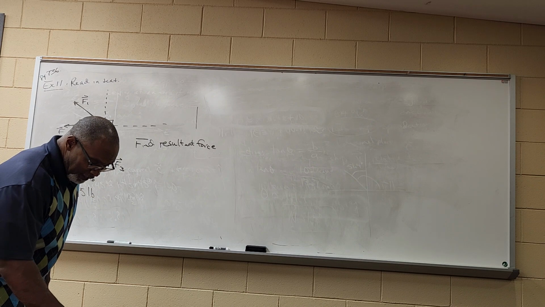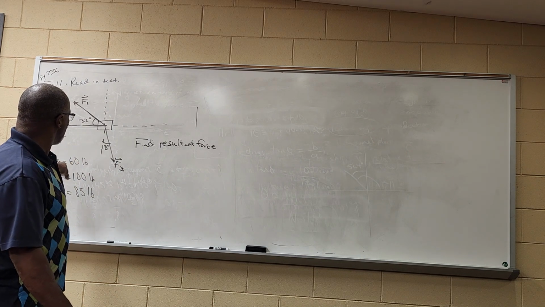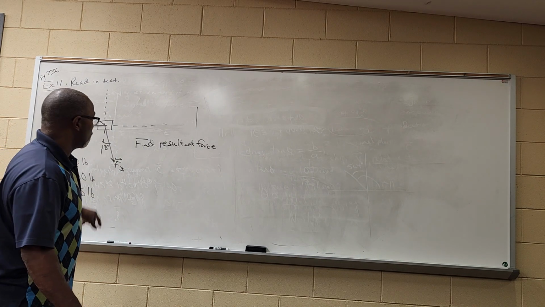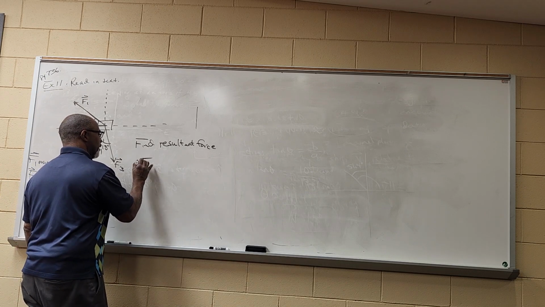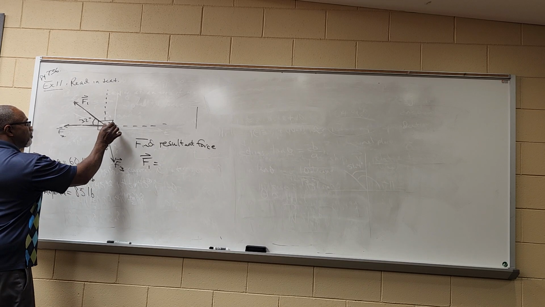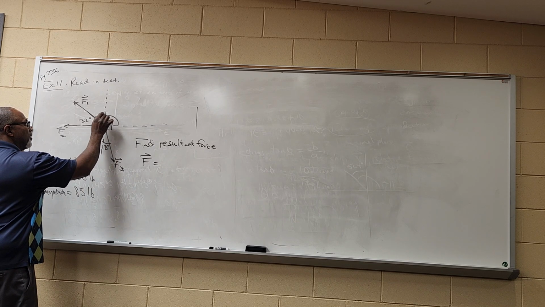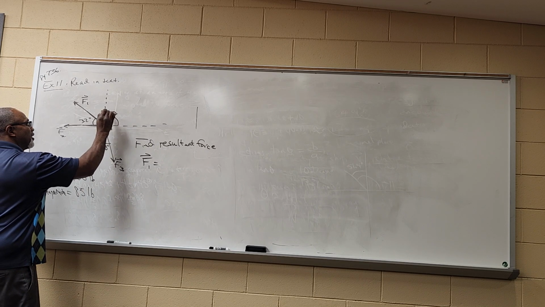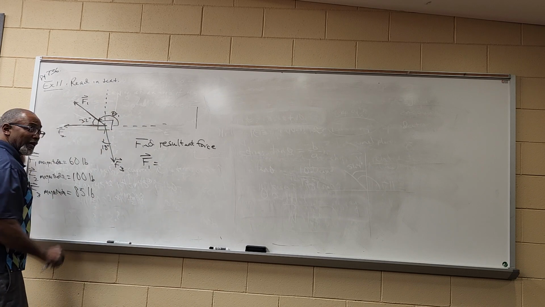Now, I'm going to have to write down formulas for F1, F2, and F3. So F1, and again, remember, it's always based on an angle from the positive x-axis. So there's theta 1, the angle for F1.